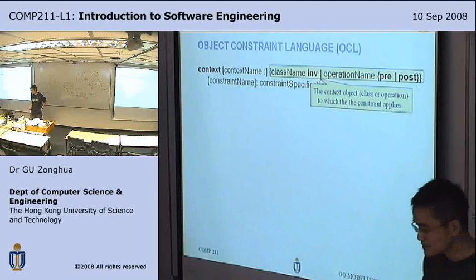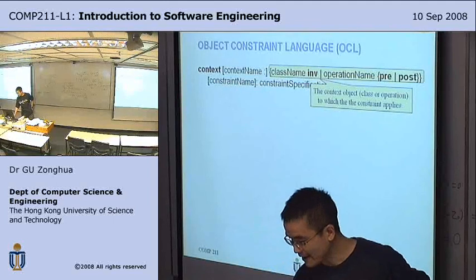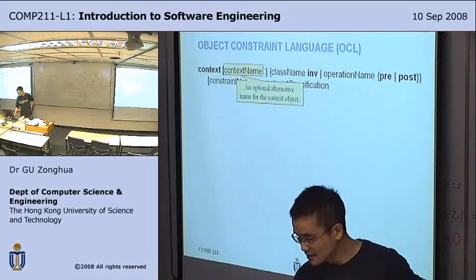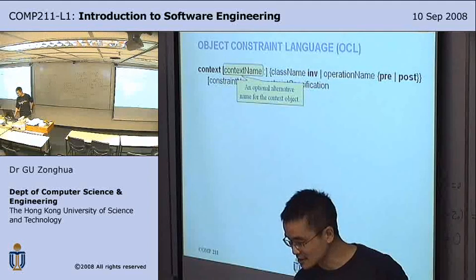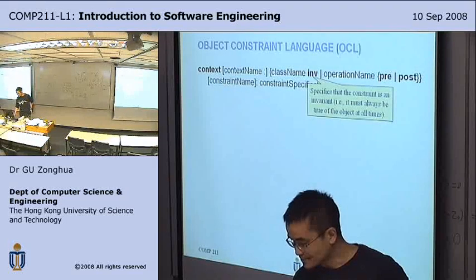So the notation is that you have a context with an optional name for the context and a class.